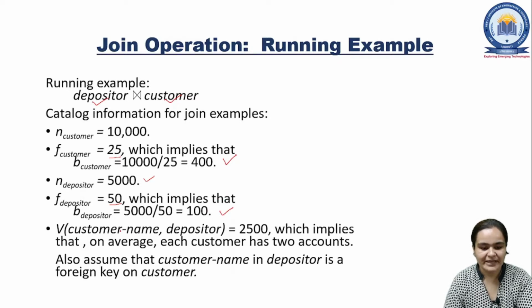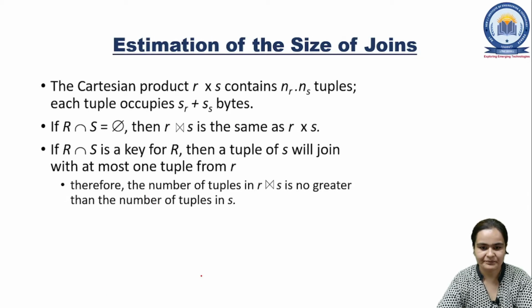So we have a join of customer name and depositor that will have 2,500, which implies that on average each customer has two accounts. Let's assume that the customer name in depositor is a foreign key for customer. So the estimation of the size of the join will be from the number of tuples we have.